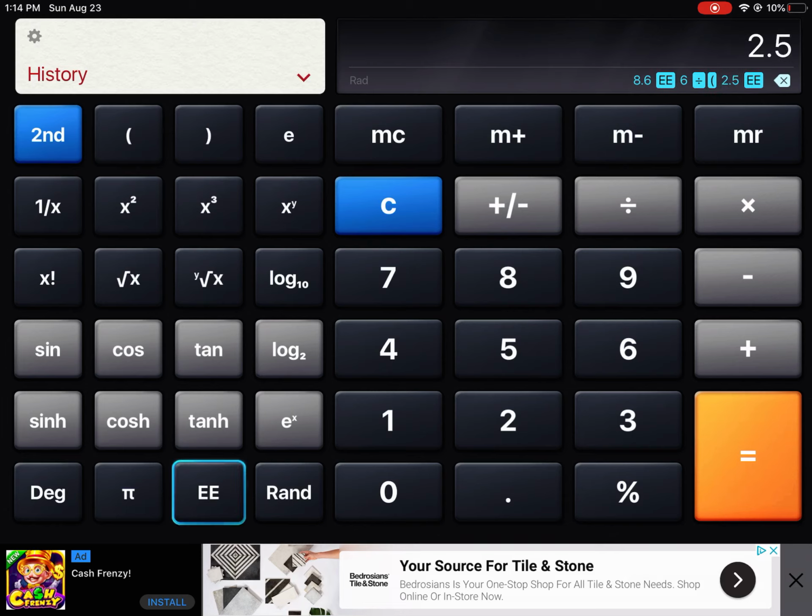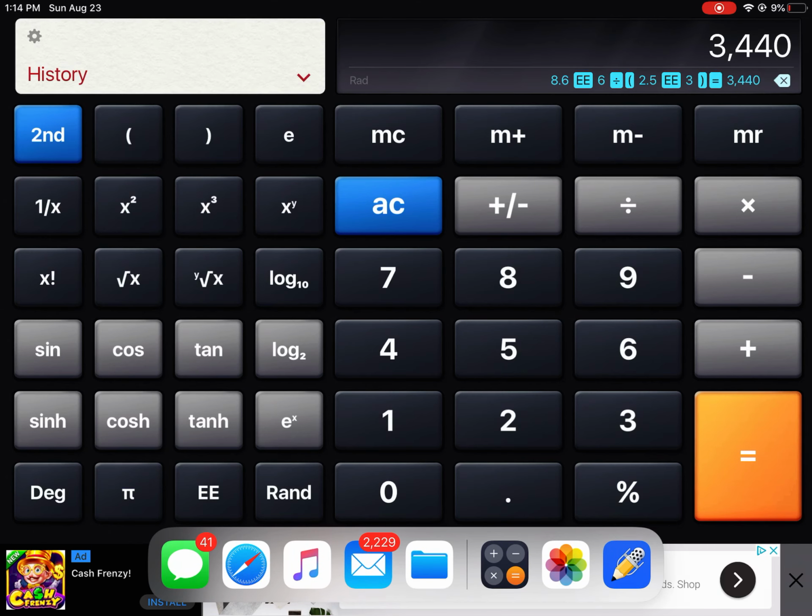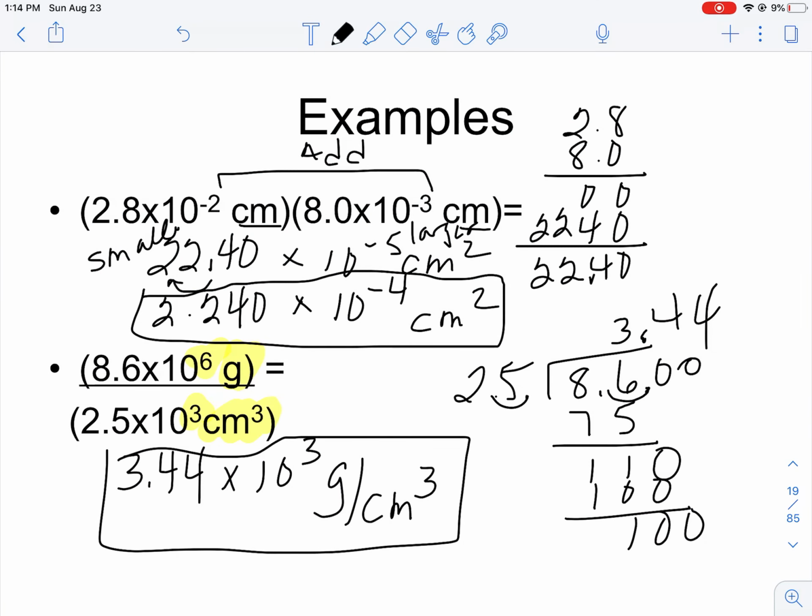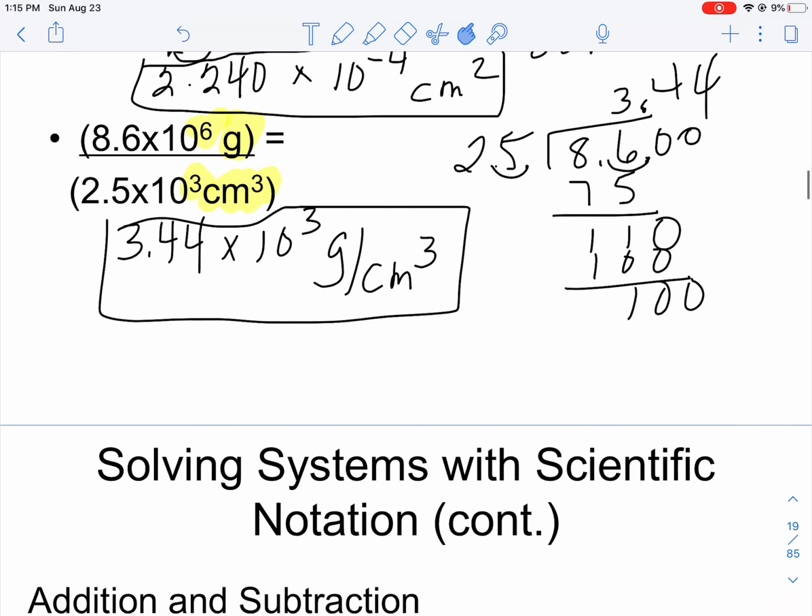So now we've got 2.5 times 10 raised to the third, end parentheses, equals. Our answer is 3,440. Kind of the rule is if it's 10 to the third or greater, you'd put it in scientific notation. So our answer would be the same that we have on our notes already, which is 3.44 times 10 to the third grams per centimeter cubed.